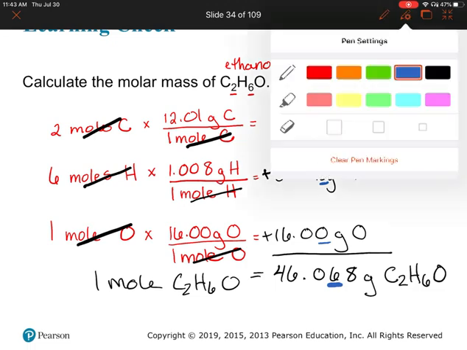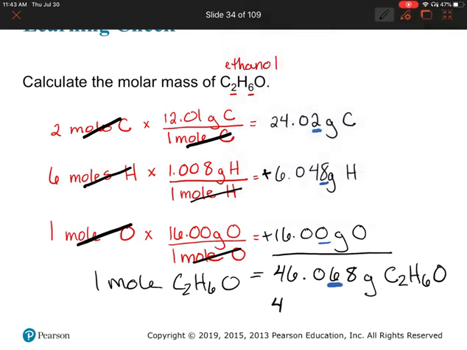So we could change this to 46.07 grams. Now, this can get tricky because some periodic tables will list 3 sig figs, some will list 4, some will list 5. Kind of depends on your periodic table. So I won't be too picky with sig figs for molar mass, but it's just something to be aware of.